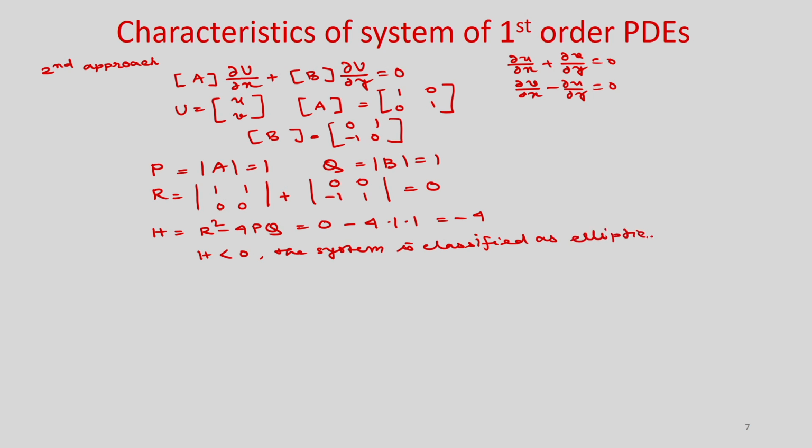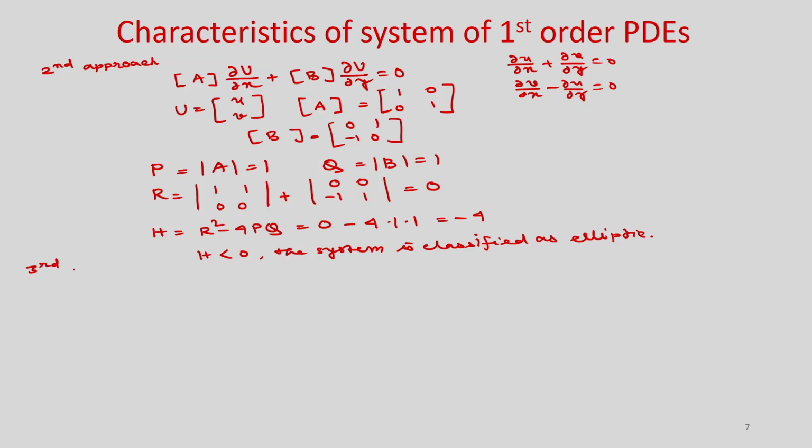Okay. Now, another method we will use is characteristics. We will find the normal characteristics. So, the third approach. Now you find A and B, which you know. T will be A n_x plus B n_y.